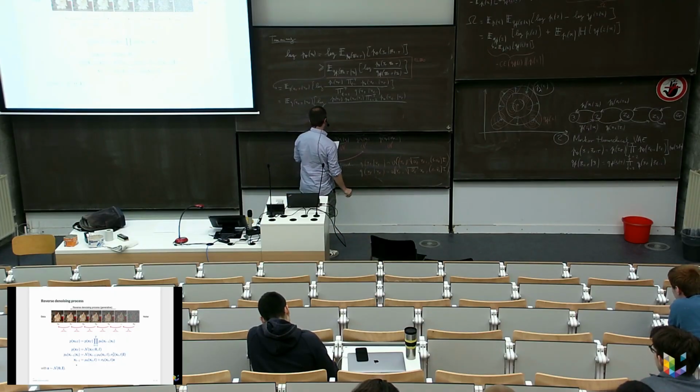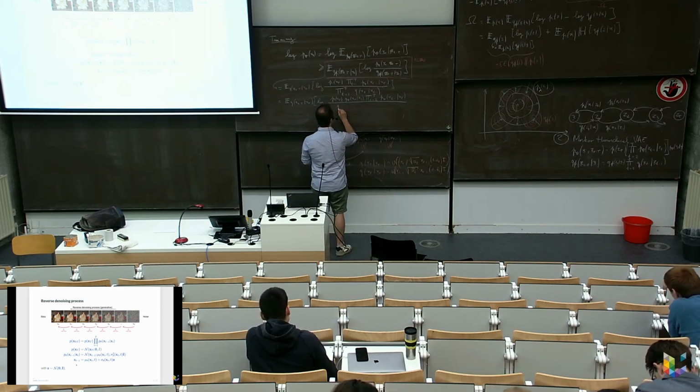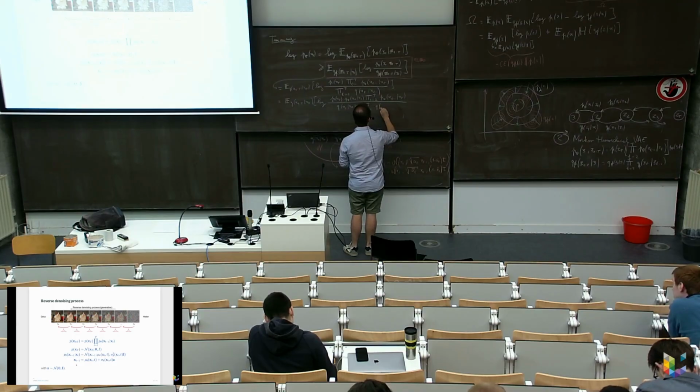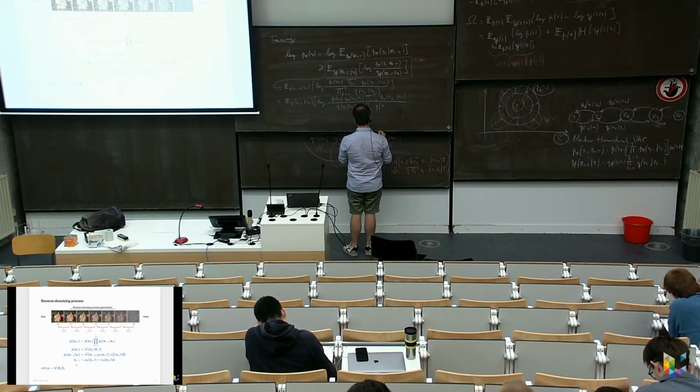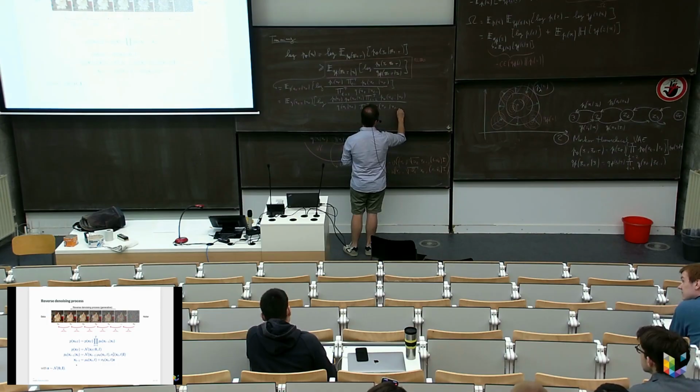And here I will do something similar. I will pull out q of x1 given x0 times the product of t equals 2 to T of the transitions q xt given xt minus 1.